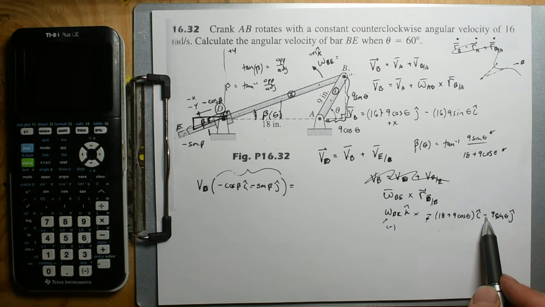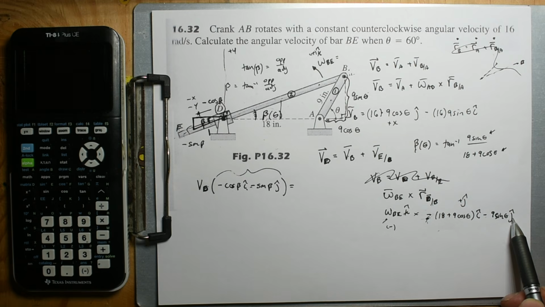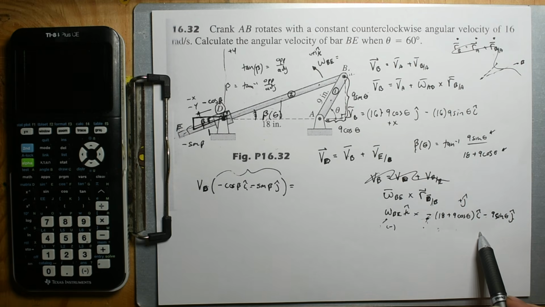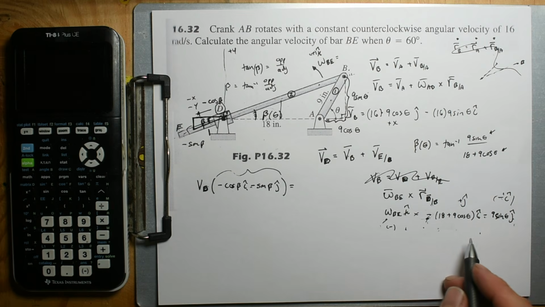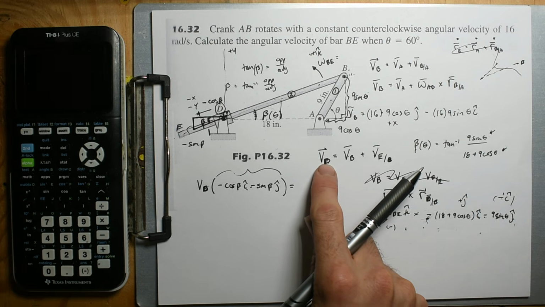K cross i is going to be a positive j, but we do have that negative. K cross j is the opposite direction, because it goes i j k, but k cross j is negative. It's going to be negative i. So we do have a negative and negative is going to be positive.